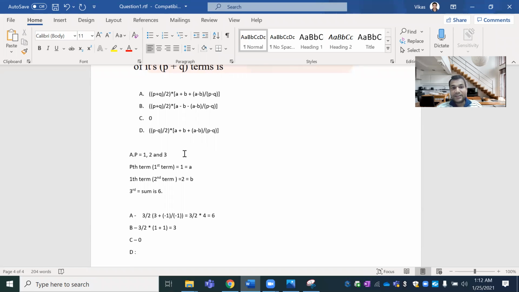Let's take the D. And D will become P minus Q. It means 1 minus 2, it means it becomes 1 minus 1, right? Divided by 2 multiplied by A plus B. It means it's 3 plus A minus B. A minus B is equal to 1 minus 2, minus 1, and P minus Q is equal to minus 1.